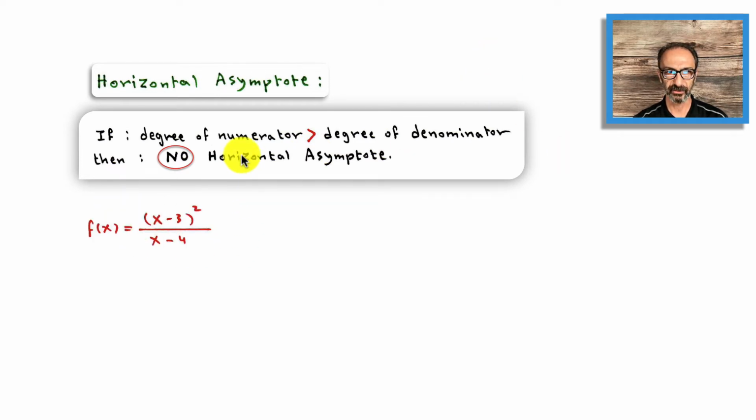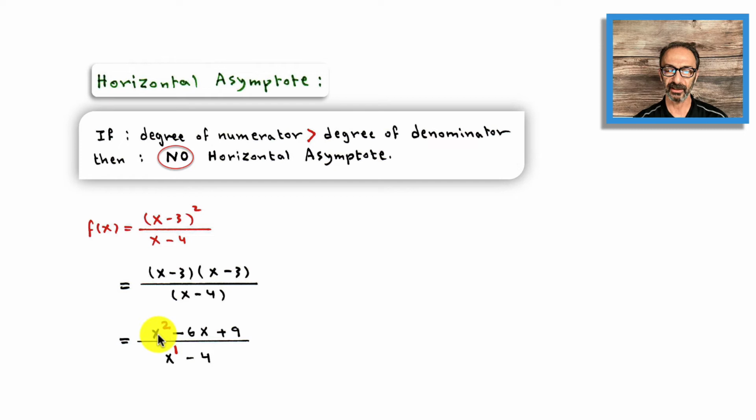To apply this case to this problem, we could multiply the top part and see it in expanded form. Notice that I'm highlighting the highest exponents for both the numerator and the denominator, which lead me to the degree.